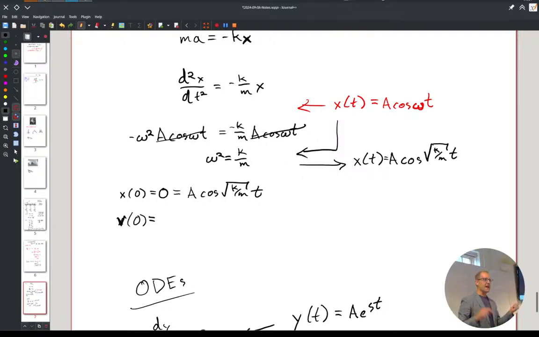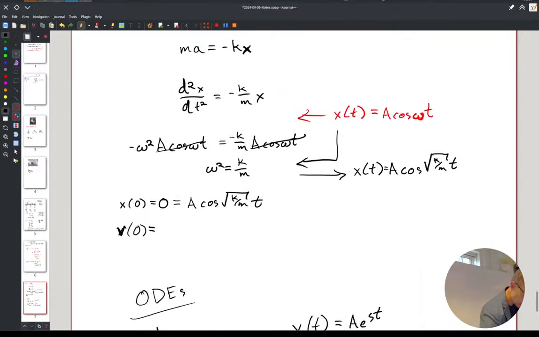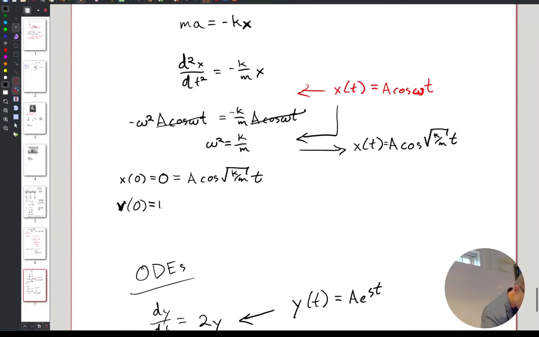So velocity has to be the derivative of x of t. So then this would be 10, which is a times root k over m. Oh yeah, negative times sine root k over m times t.